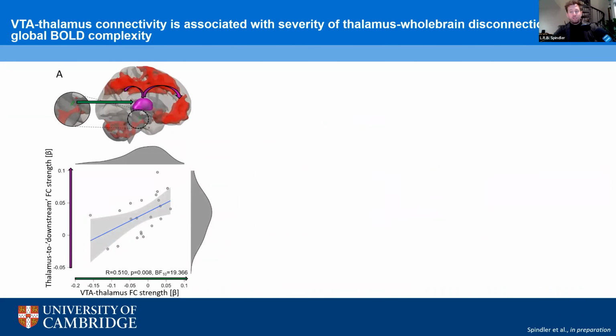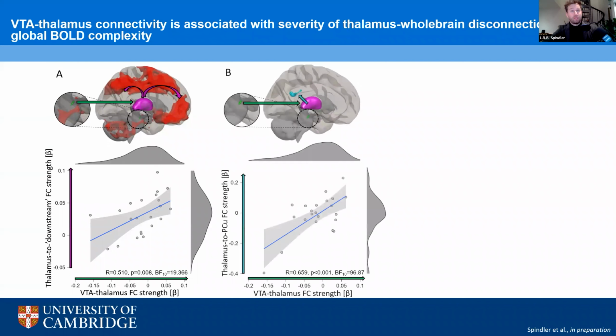And again, we found a potential neuromodulatory relationship between VTA disconnection from the thalamus and how the thalamus can remain whole-brain connected, which again suggests that there might be a role to play for VTA-thalamus modulation in rate limiting how well the thalamus can remain connected to the rest of the brain.